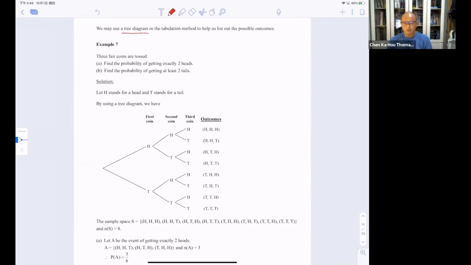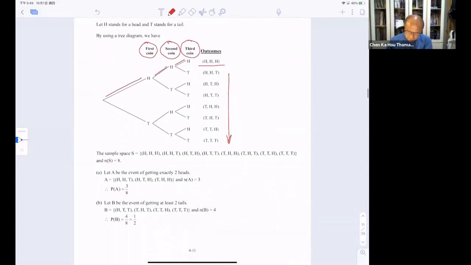If you use a tree diagram, the first coin outcome is head or tail, the second also head or tail, the third also head or tail. Then you trace the tree diagram and obtain the outcomes. After you get the sample space, you can easily solve the question.